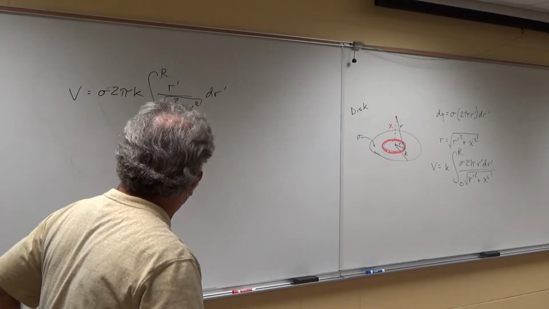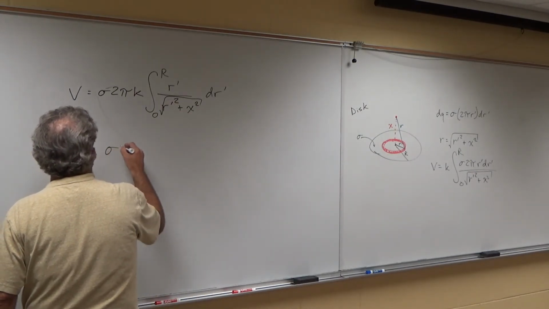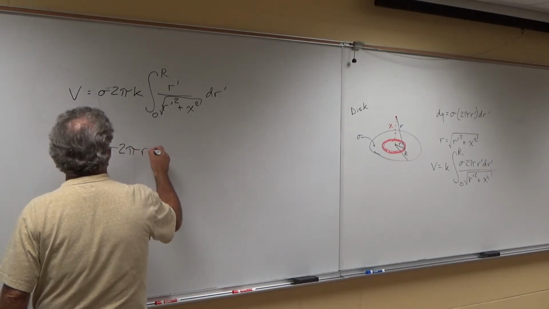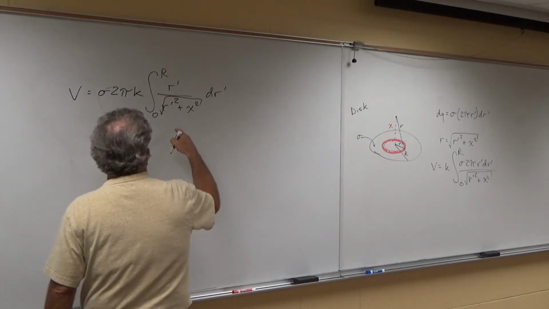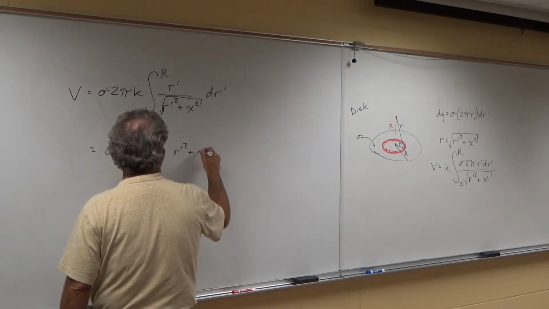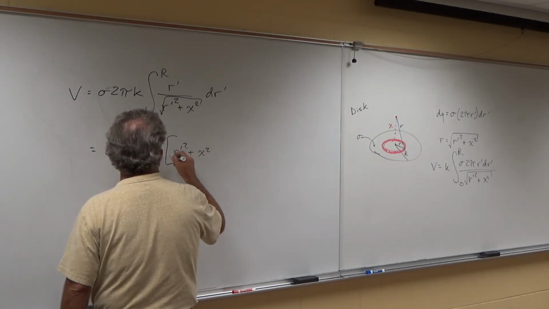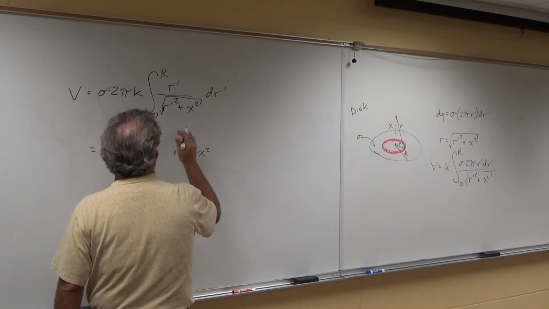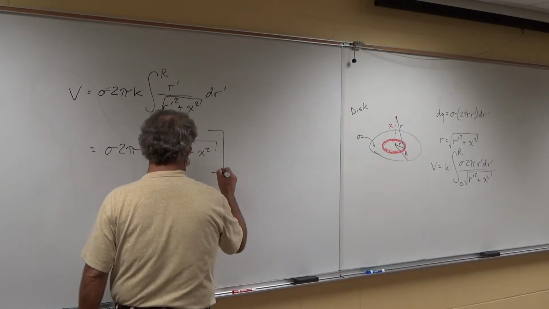I'll do the integral. Sigma 2 pi k. This integral is the square root of r prime squared plus x squared. That works, doesn't it?